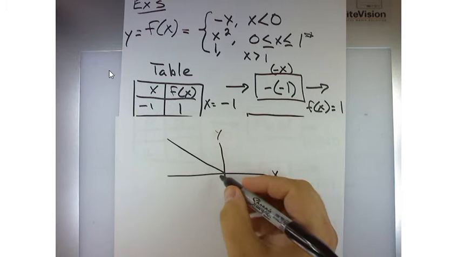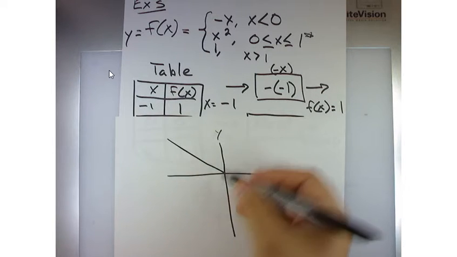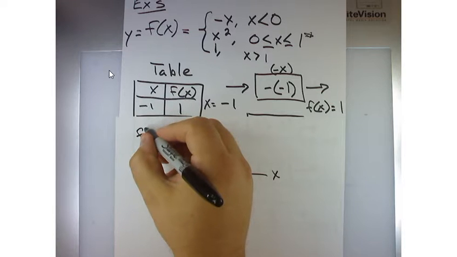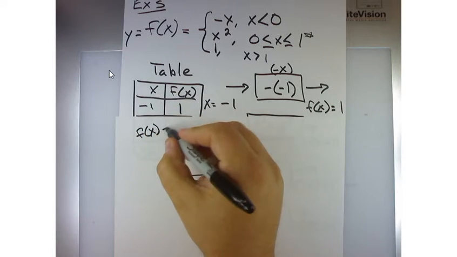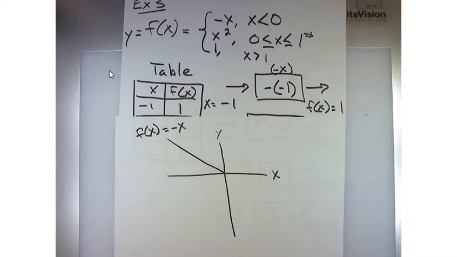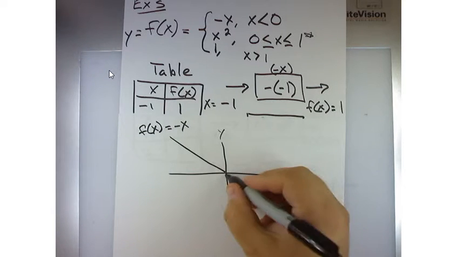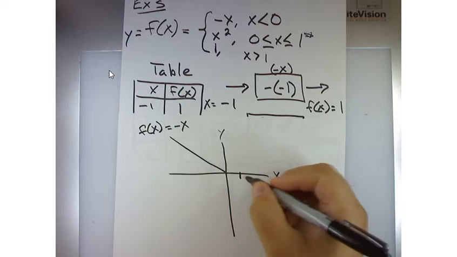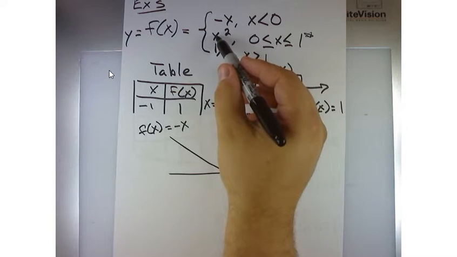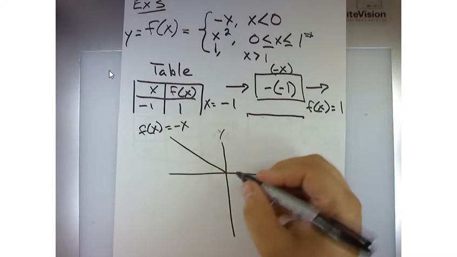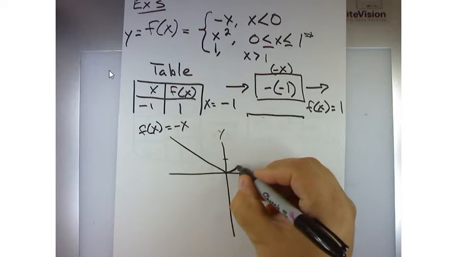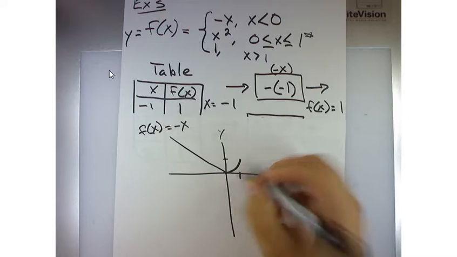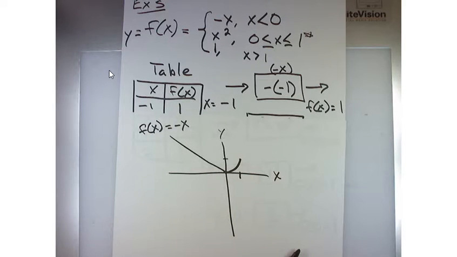So what we're going to do is, let me do it like this. From all values less than 0, this function here, f of x, is represented by the function negative x. Now from 0 to 1, it's represented by the function x squared. So that will kind of look like this. And so let's use a different color, or I'll highlight it so you guys can see.